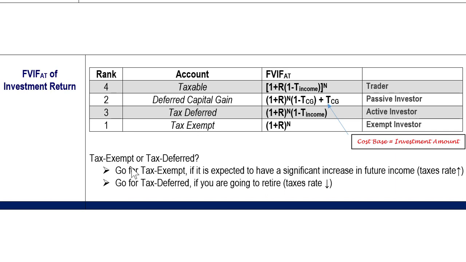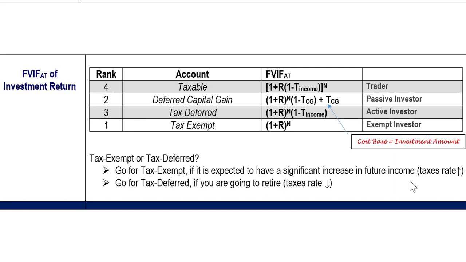Who is it better to put in the tax exempt account? Those expected to have a significant increase in future income, so the tax rate will increase, for those who will immediately have a higher income source in the near future. So you had better set up some kind of tax exempt account.